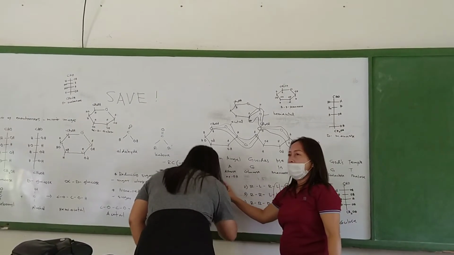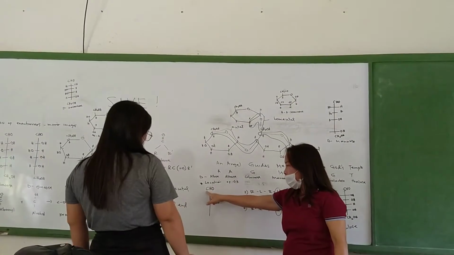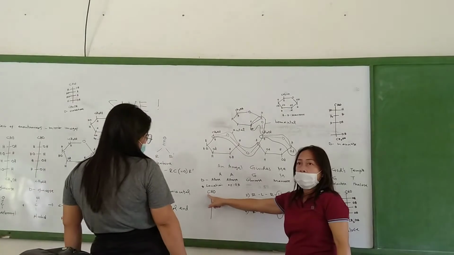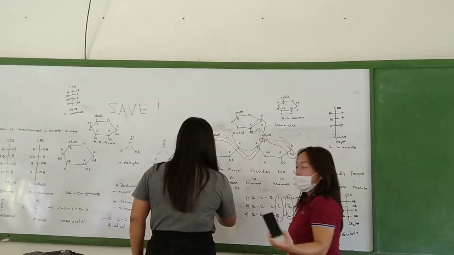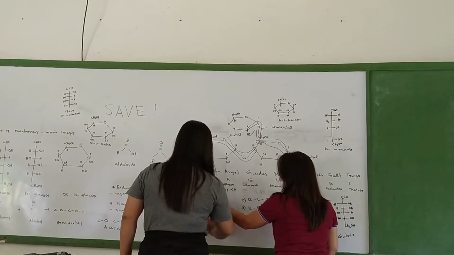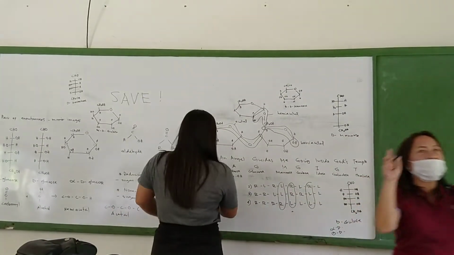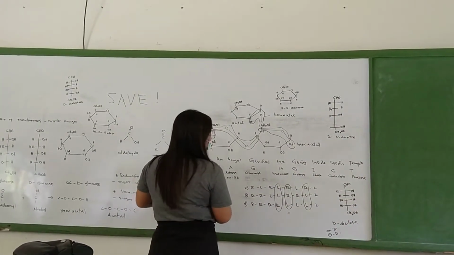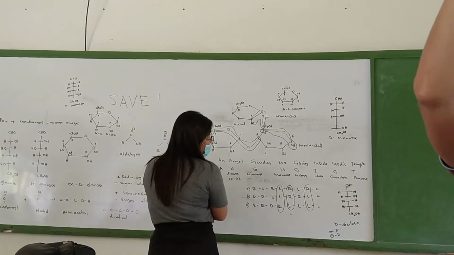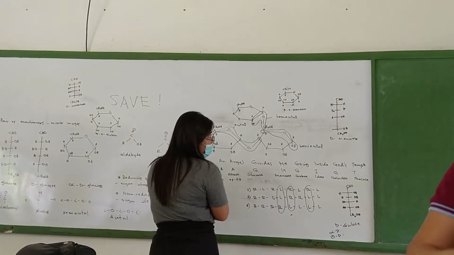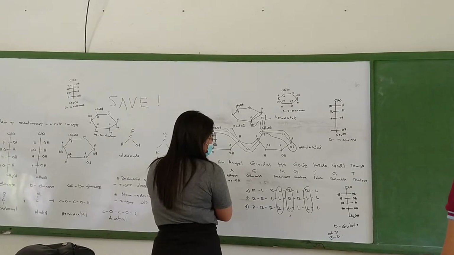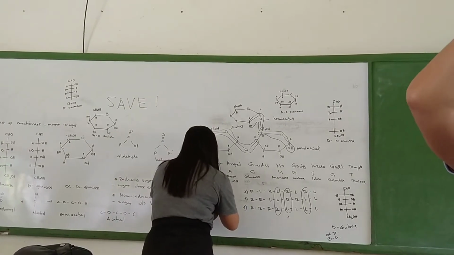Always make your bond fall on the C, because what is bonded together are the carbon atoms. Okay, class, you have to keep track of the location of your bonds. The lines there represent the bond. Carbon atoms are bonded together.